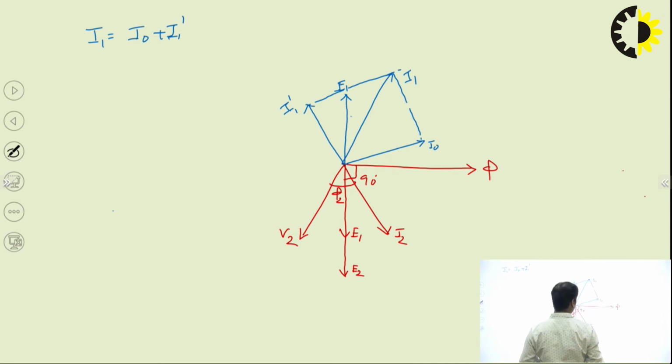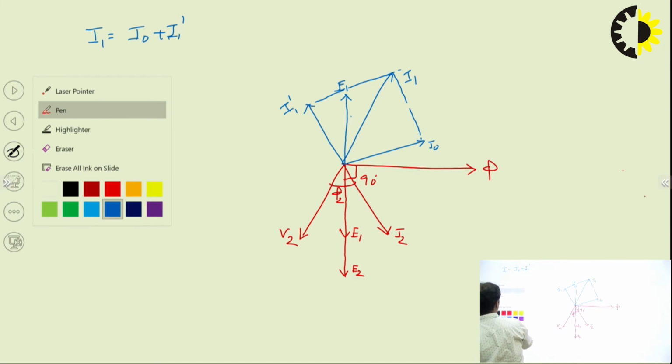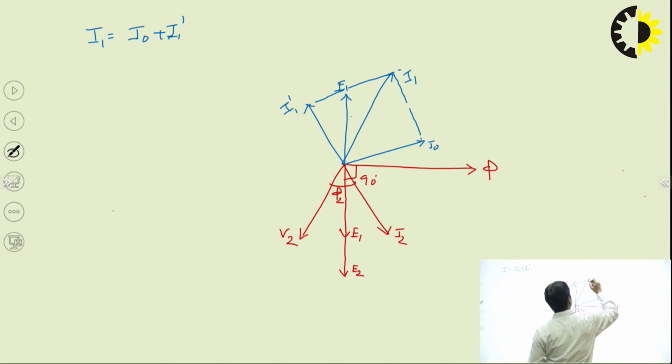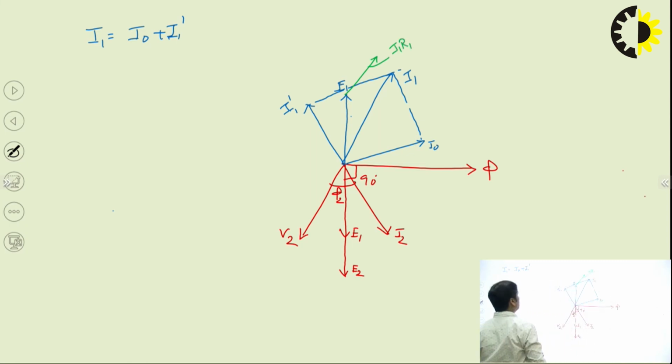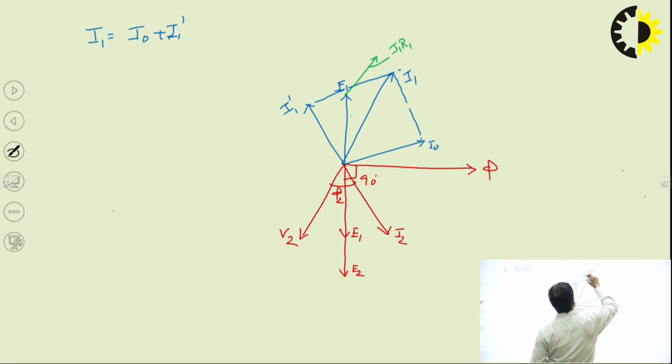So I1 R1 in the phase of this. I will take another color. Let us take the green color. So this is the phase of I1. So this is my I1 R1. Now let's say I1 X1, which is 90 degrees of that.